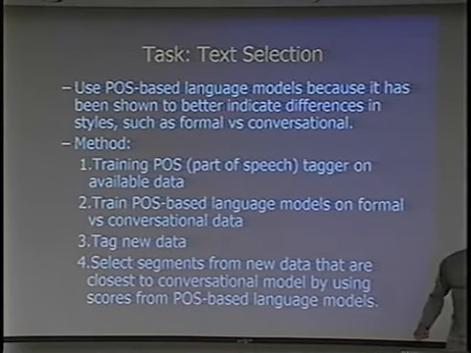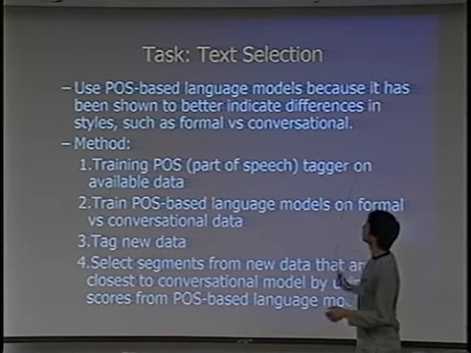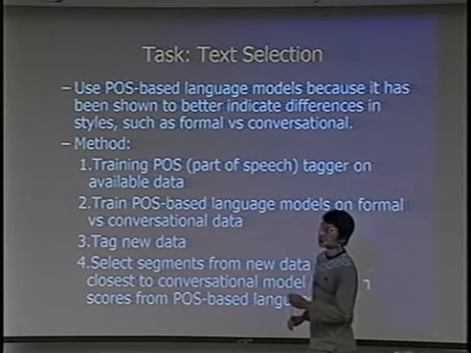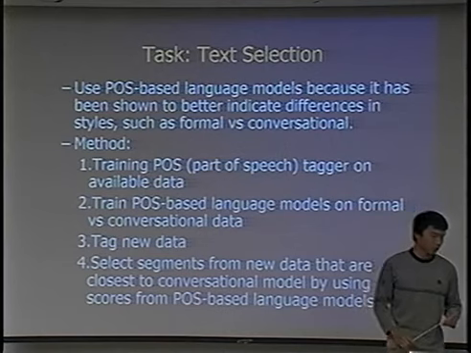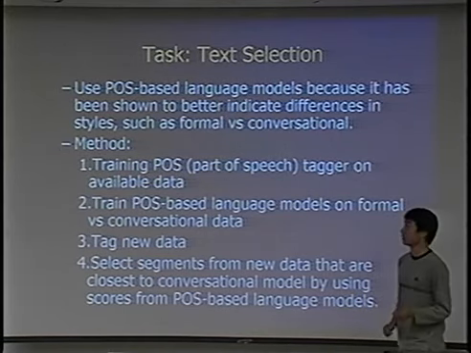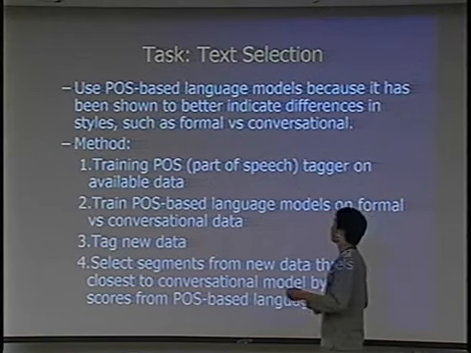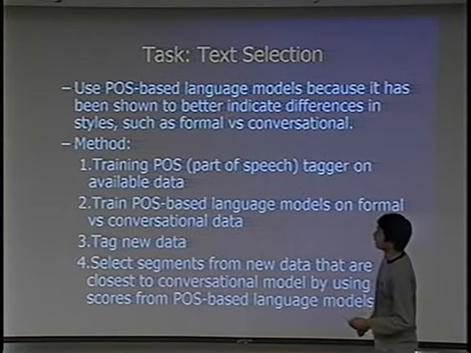Given this task, the approach I used in this workshop is to use part-of-speech-based language models, because they have been shown in the past to better indicate language style differences rather than vocabulary differences. Here are the steps I followed. First, I trained a part-of-speech tagger on the available data we have.